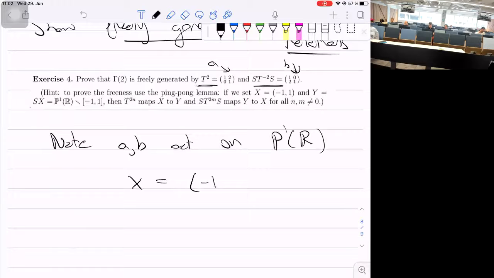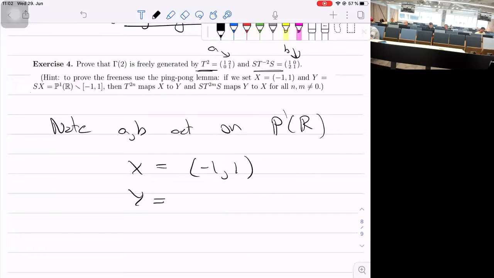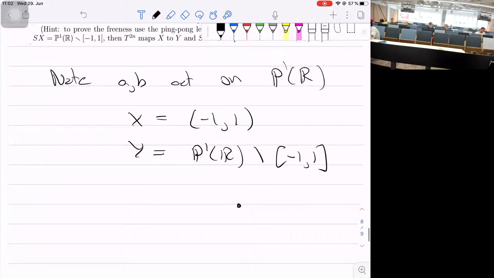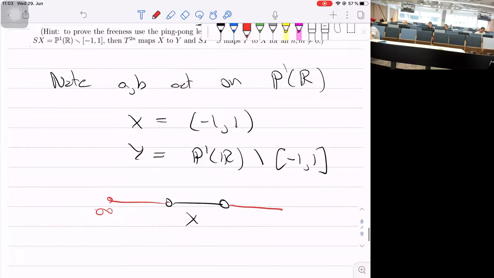So X is the interval from -1 to 1, Y is the complement to the endpoints. Picture X is that. X is that. And different colour, Y is what's left, including the point at infinity.